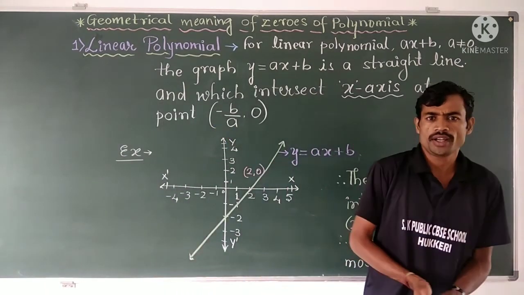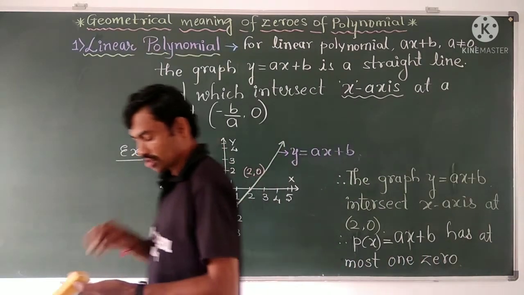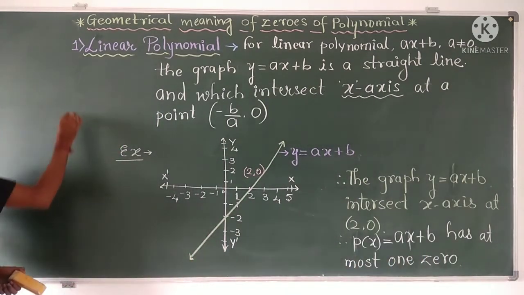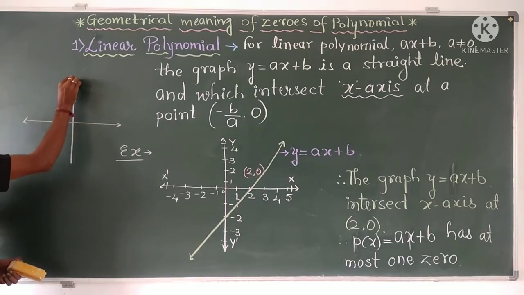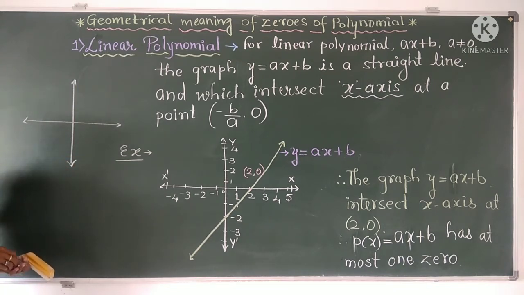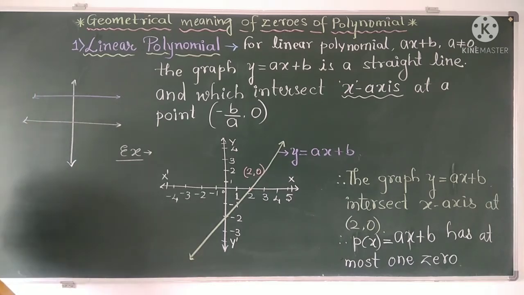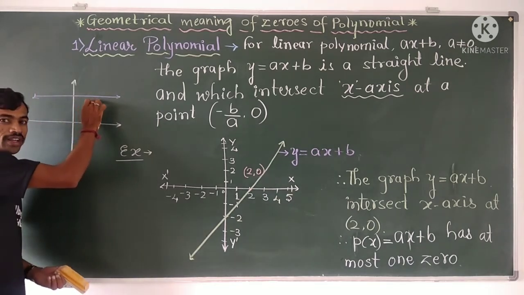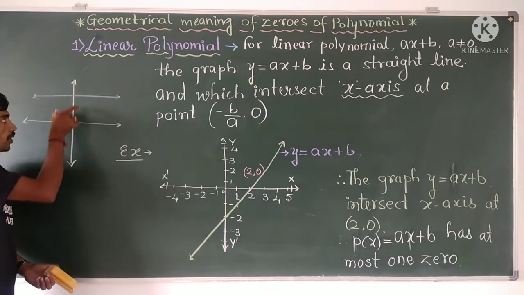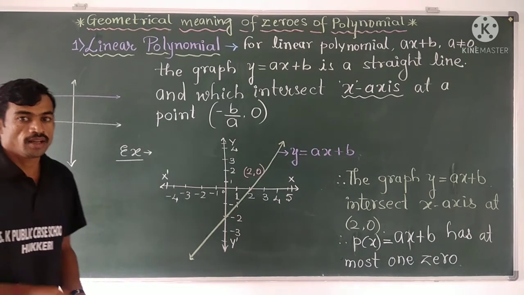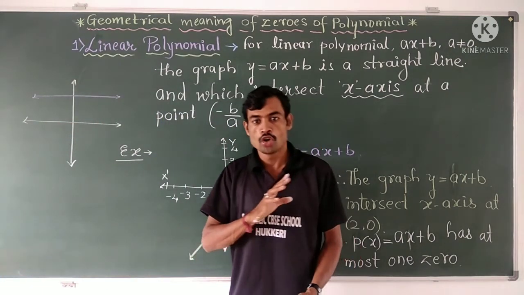You can take any graph, any linear polynomial. Suppose a question arises in your mind: this is the x-axis and this is the y-axis, and the graph is not intersecting the x-axis. If the graph does not intersect the x-axis, then the linear polynomial has no zeros.